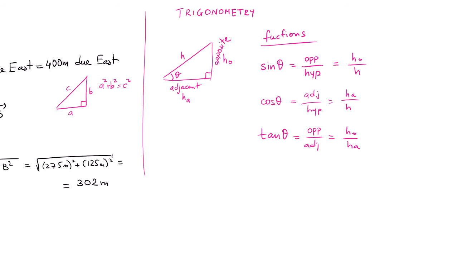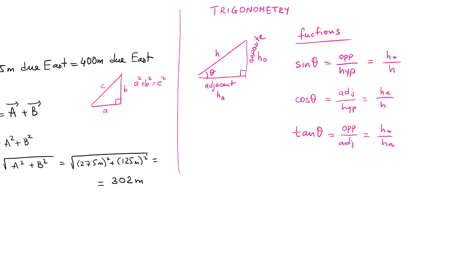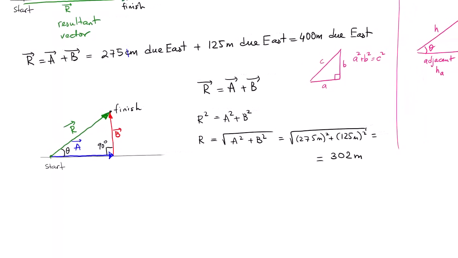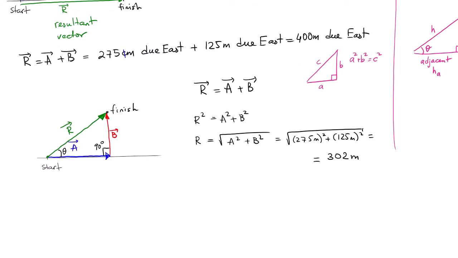So again, HO and HA correspond to the length of the side opposite to the angle theta. HA is the length of the side adjacent to the angle theta, and the length of the hypotenuse of the right triangle is just denoted as H. Now, using these trigonometric functions, we can find the direction of our resultant vector.